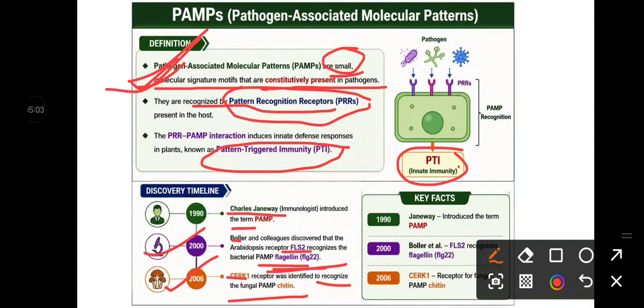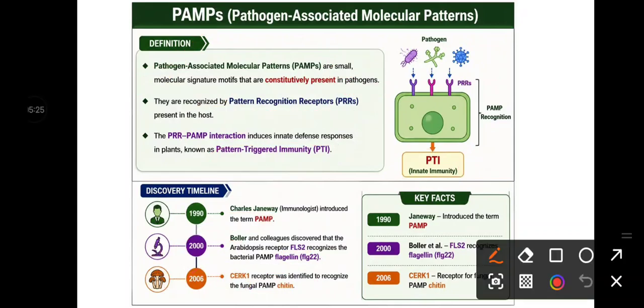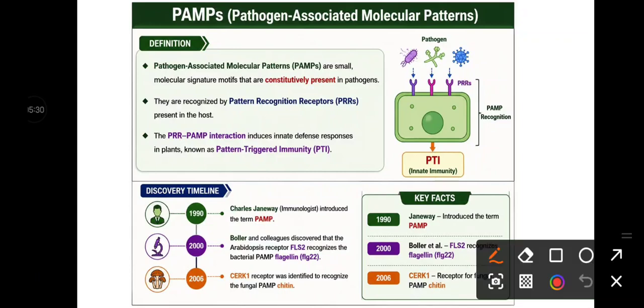So in case of fungi, the PAMP molecule first discovered was the chitin molecule, and the PRR that recognizes the chitin molecule was CERK1. Two combinations we have studied: in case of bacteria, the FLS2 and FLG22 combination, and in case of fungi it is CERK1 and chitin.